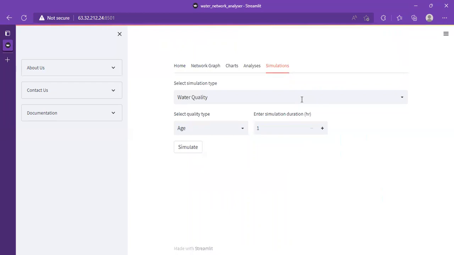One of the factors that I use in quantifying water quality is the age, because water that is treated in the treatment plant can decay due to the chemicals that are used in treating the water. So the more the water spends time without being used, the more likely it is to harbor microorganisms that may be detrimental to health.